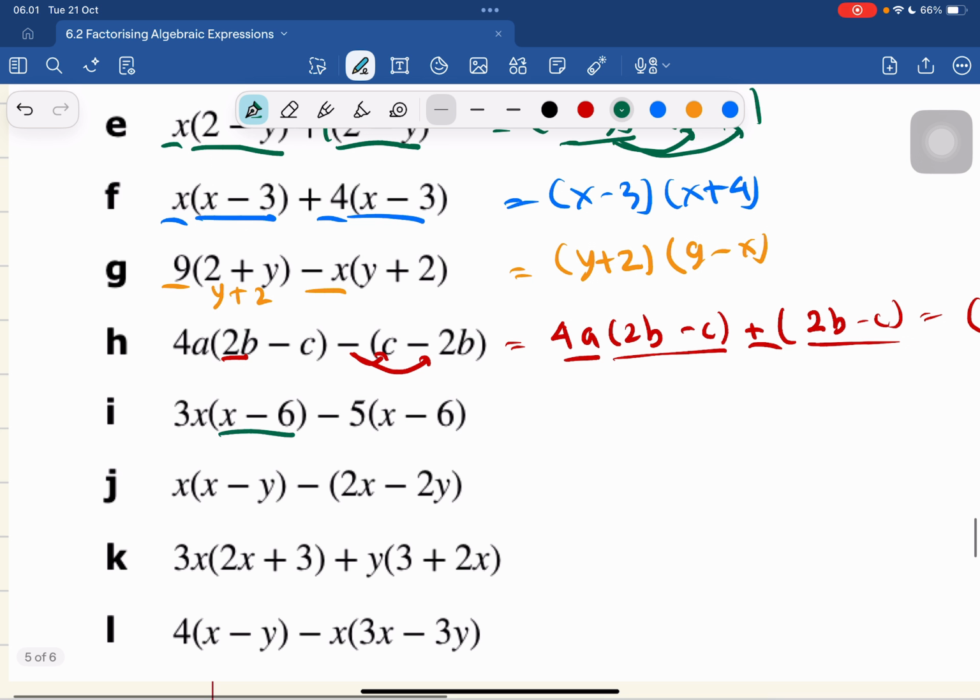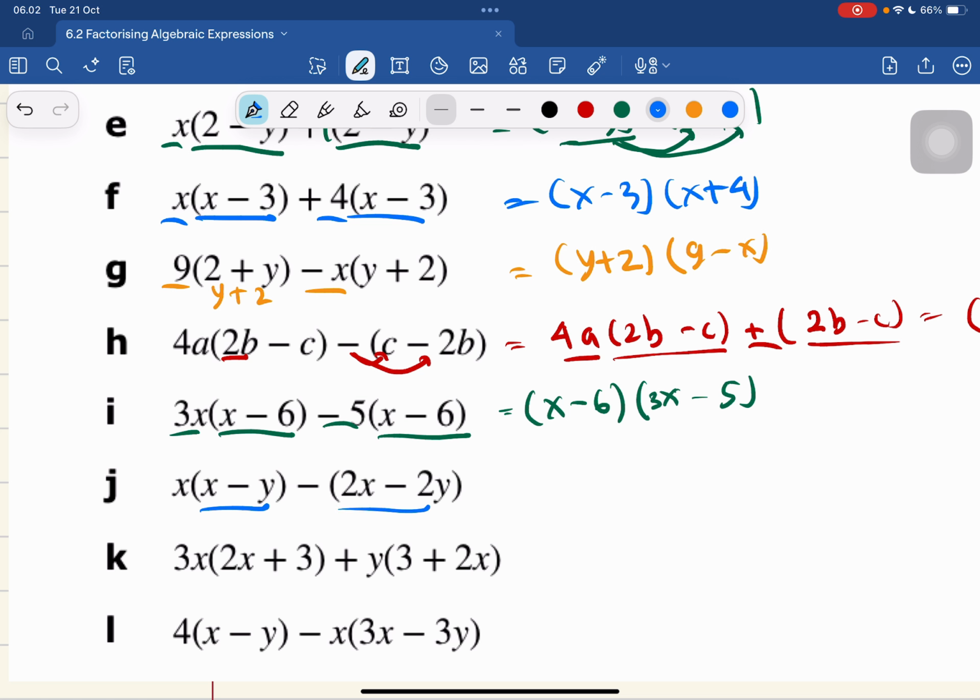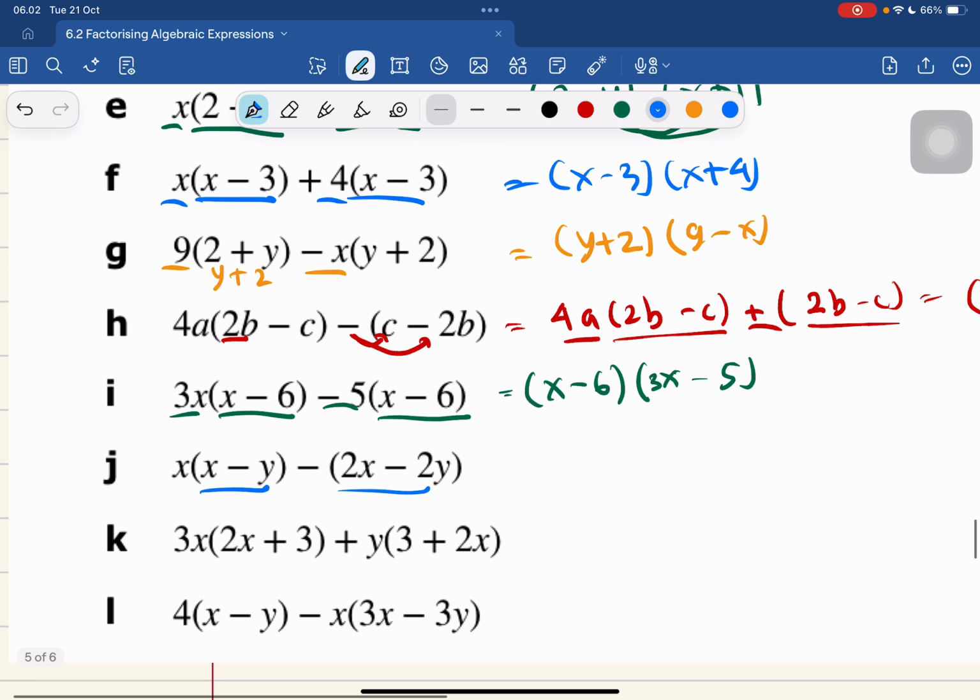Next, we got highest common factor 6 minus x, x minus 6, so write it x minus 6 multiplied by 3x minus 5. Sorry. x minus y and 2x minus y. So let us factorize the right side. So let's write it.